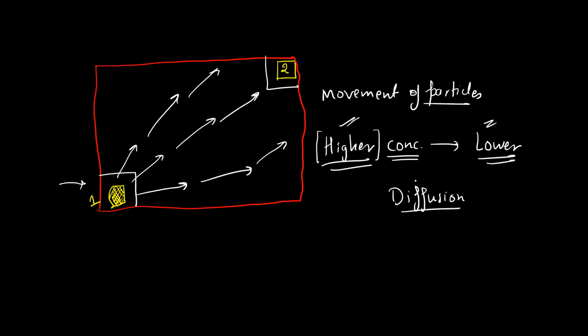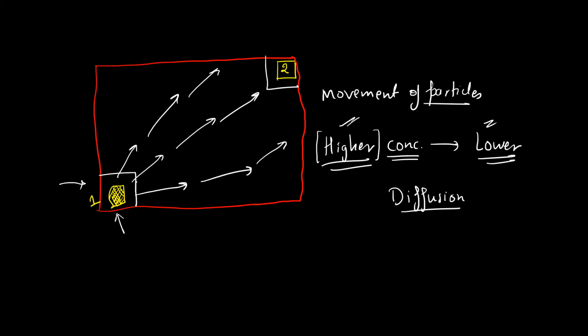Now tell me one thing, in this example, are the particles of the perfume present in greater number in corner number 1 or corner number 2? Where are there more? Sir, corner number 1. Right, so they are present in greater number in corner number 1.